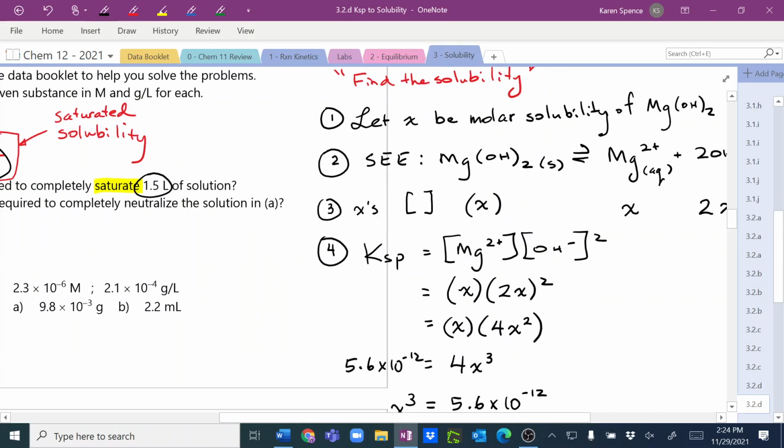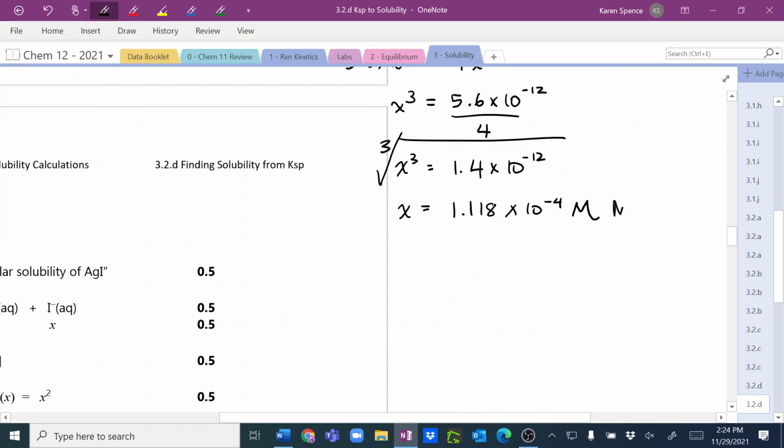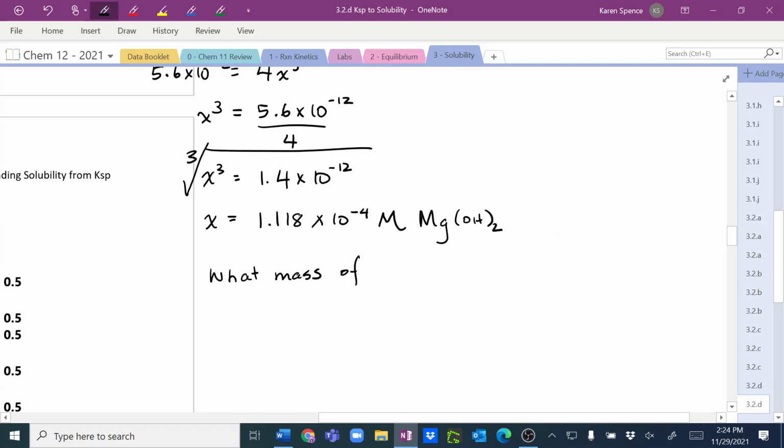of, who was the compound we were looking at? Magnesium hydroxide. Now the question actually asked what mass of MgOH2 will saturate, what was the volume?